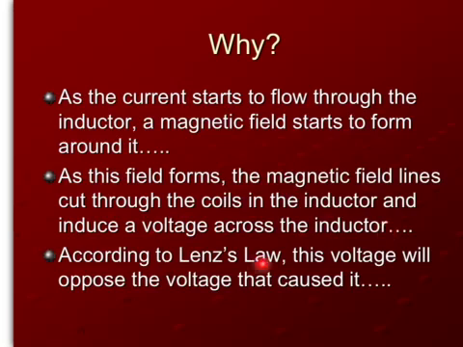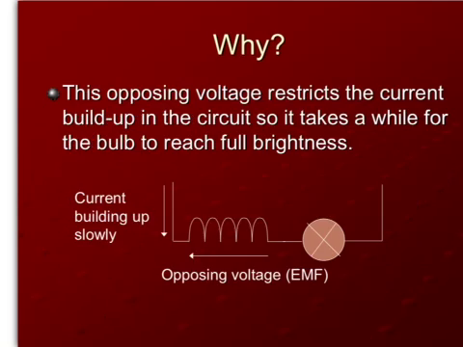According to Lenz's law, this induced voltage will oppose the voltage that caused it. Continuing with the question why, this opposing induced voltage restricts the current build up in the circuit, so it takes a while for the bulb to reach full brightness.